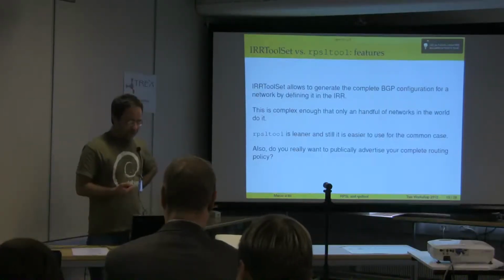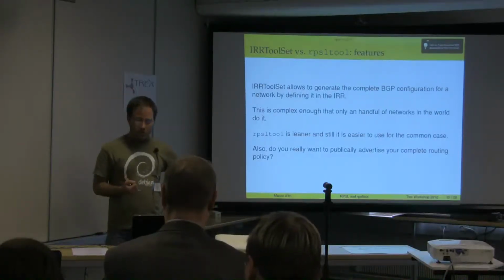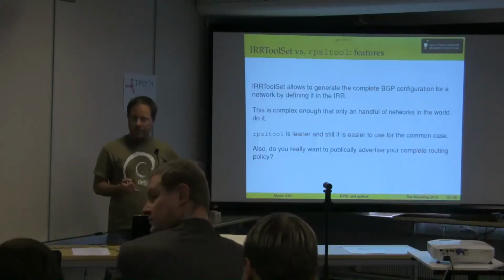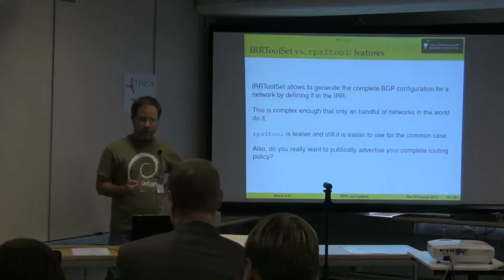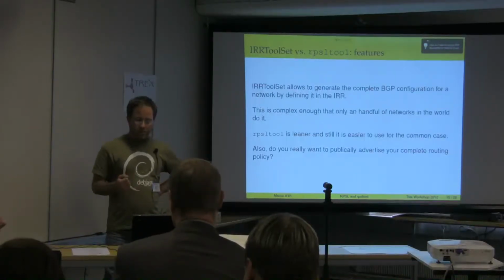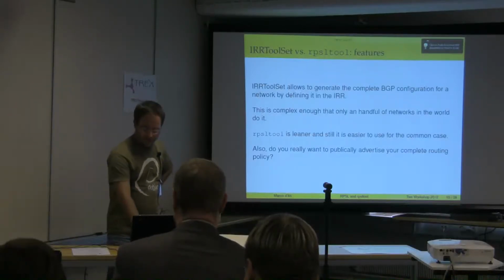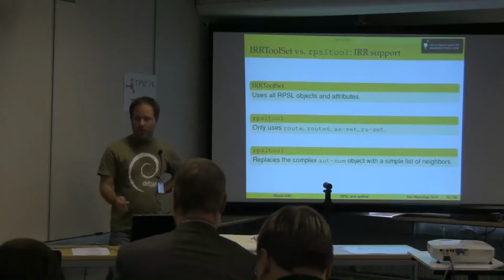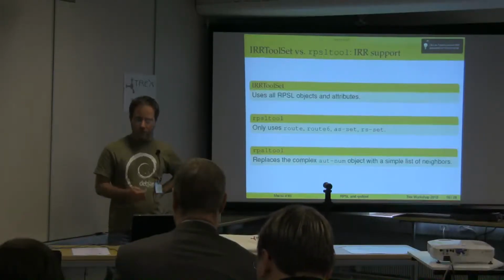So RPSLTool is a much smaller tool, much more focused, which has a simpler task, generating the BGP configuration and the associated prefix filters, or ASN filters. You do not need to filter by prefix if you do not want to.